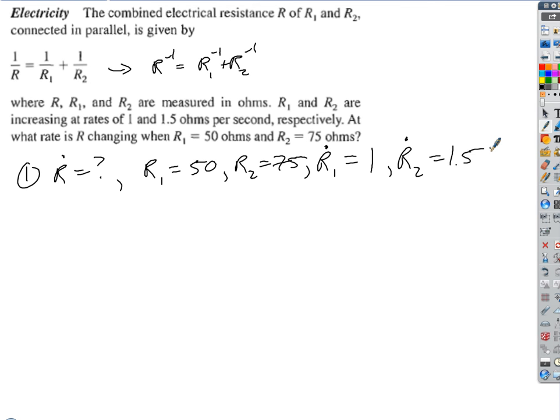What's an ohm? An ohm is a unit of resistance in physics. So we could do this, and it'd be fine. I would probably think about doing this a little differently myself. I would rather not get R's and R dots in there. So how could I accomplish that?